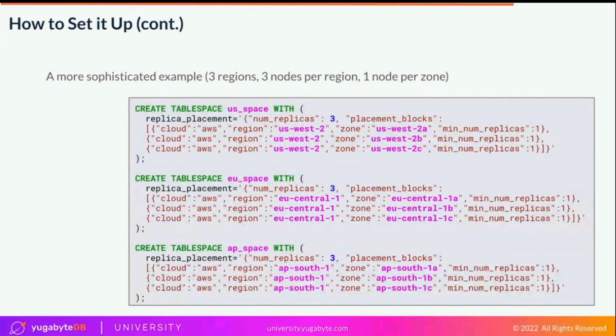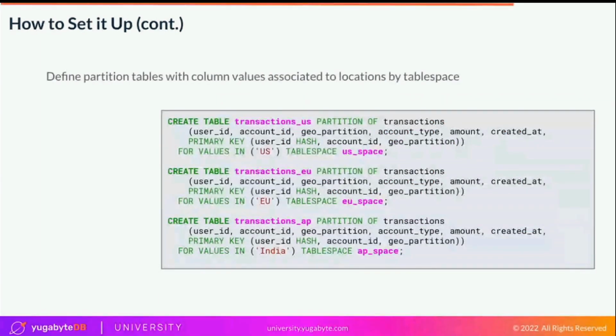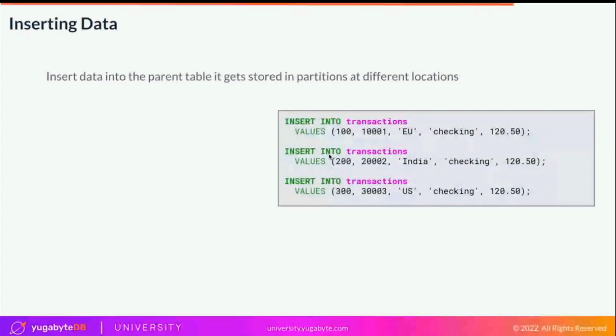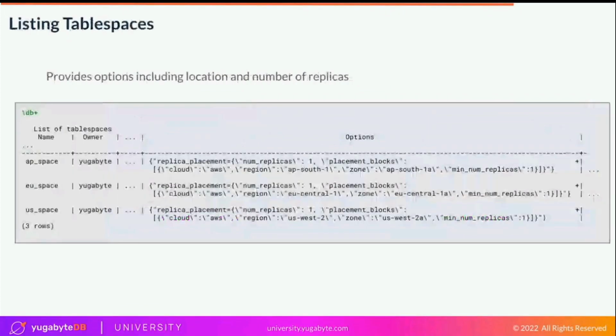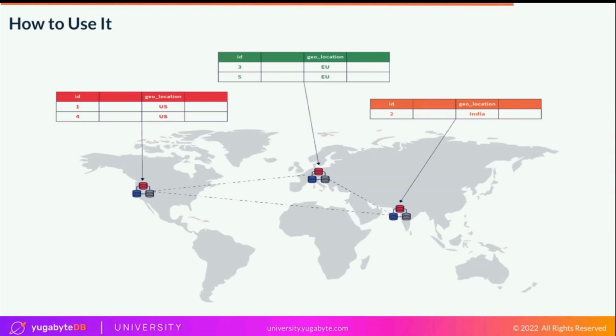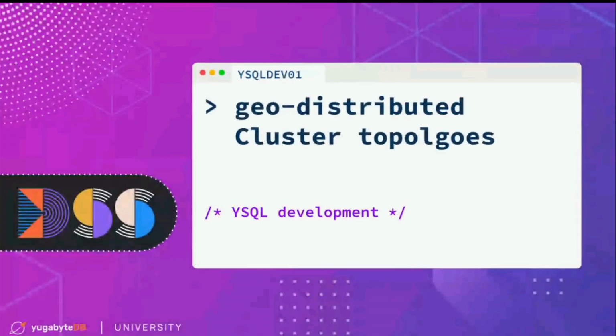So it can get very complex if you so desire. And then we define those table partitions, basically assigning partitions with a specific value to the tablespace. You insert data just like you normally would into transactions, and then you can query either of those table partitions or the table itself. And so forth. So that's how you can list the tablespaces.